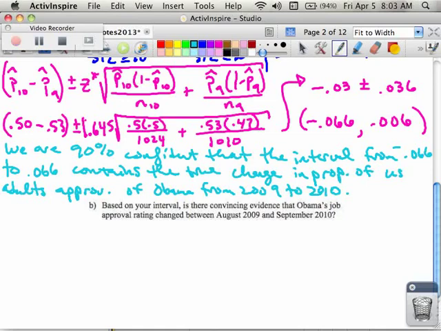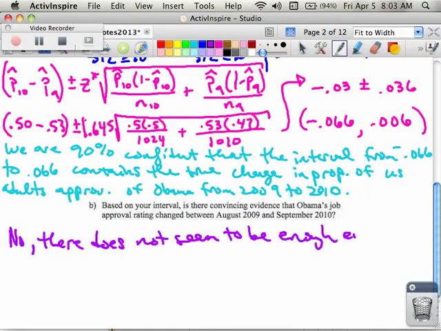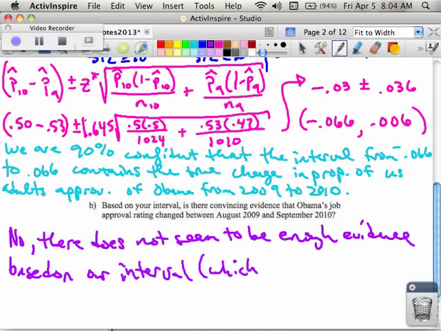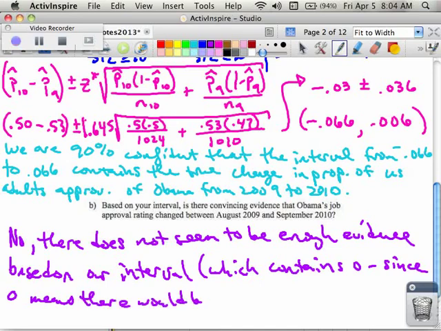So I guess I would say, in this one, no, there does not seem to be enough evidence based on our interval, and I would add which contains 0, since 0 means there would be no change.